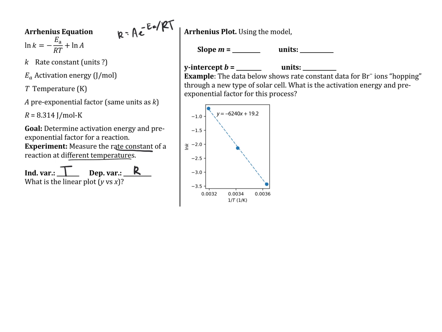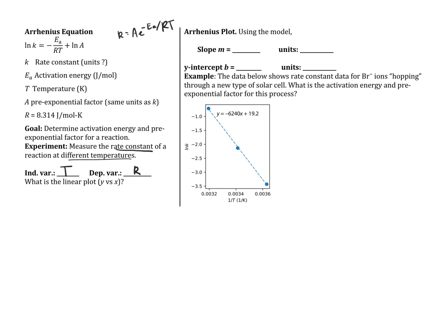Now, we said before, k versus T isn't linear, but if you see this new rearranged form of the equation, ln of k is equal to negative Ea over R, times 1 over T, plus ln of A. And so this actually does look like y equals mx plus b.